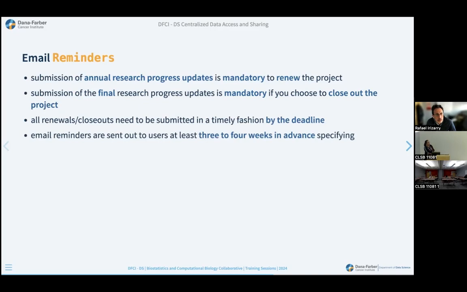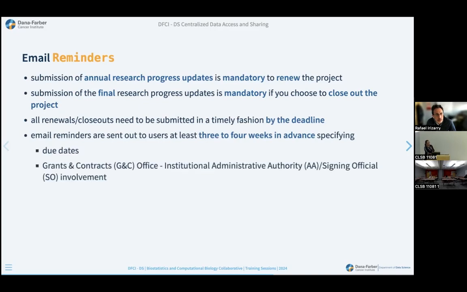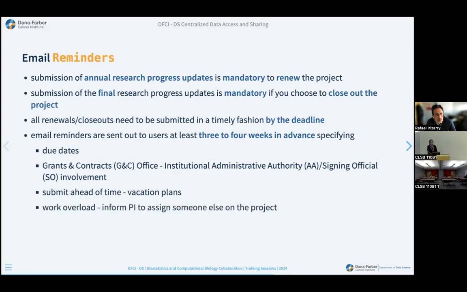And I send out the reminders at least 3 to 4 weeks ahead, specifying the due dates, the grants and GNC involvement in the renewal or in any DAR, and to submit it ahead of time. If you have vacation plans or overload, please inform your PI to assign someone else to submit it on your behalf.